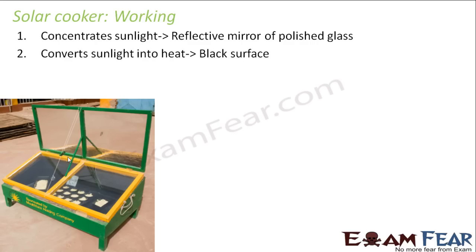Then the sunlight gets converted into heat, and this heat is absorbed by the black surface of the box. So if you see, the inside of the solar heater is black in color. That's because we all know that darker colors absorb more heat than lighter colors, right?